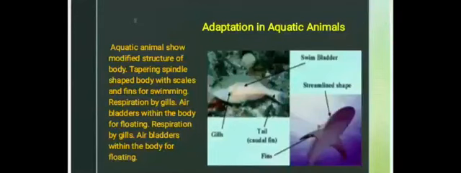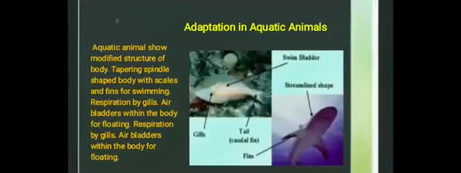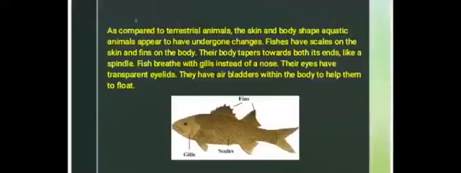Aquatic animals have a tapering, spindle-shaped body with scales and fins for swimming, respiration by gills, and air bladders within the body for floating. As compared to terrestrial animals, the skin and body shape of aquatic animals appear to have undergone changes.